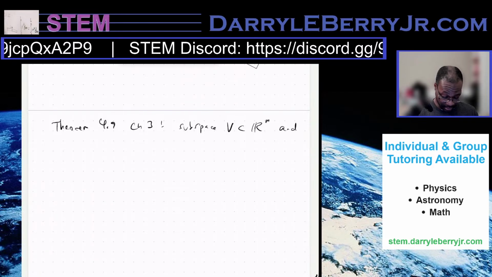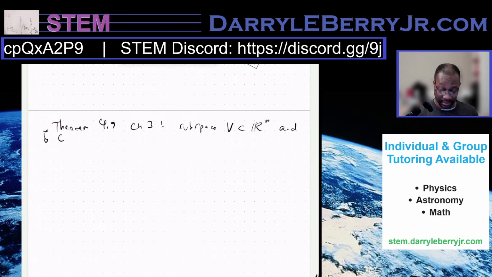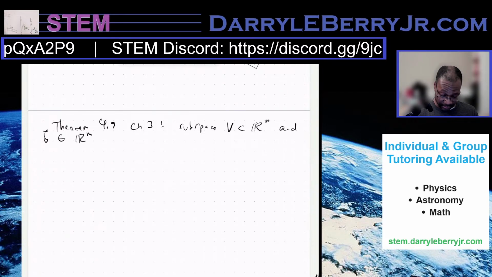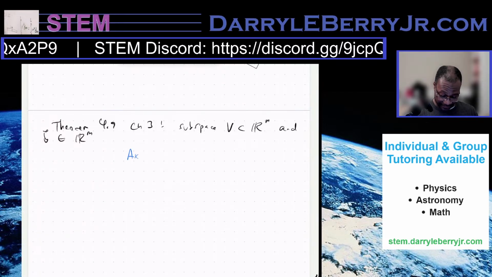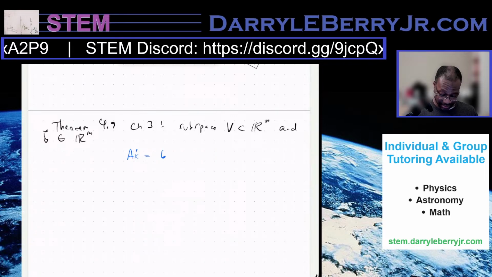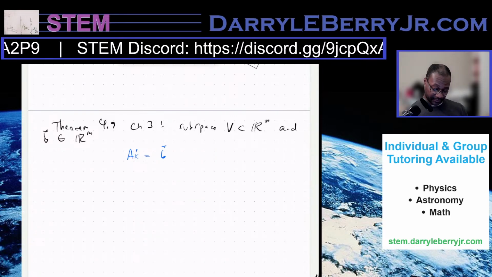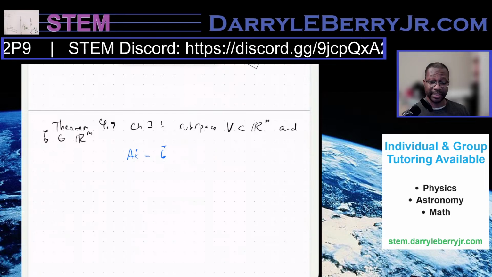V in Rm, because the B in X equals B is going to have the same row value as the matrix.